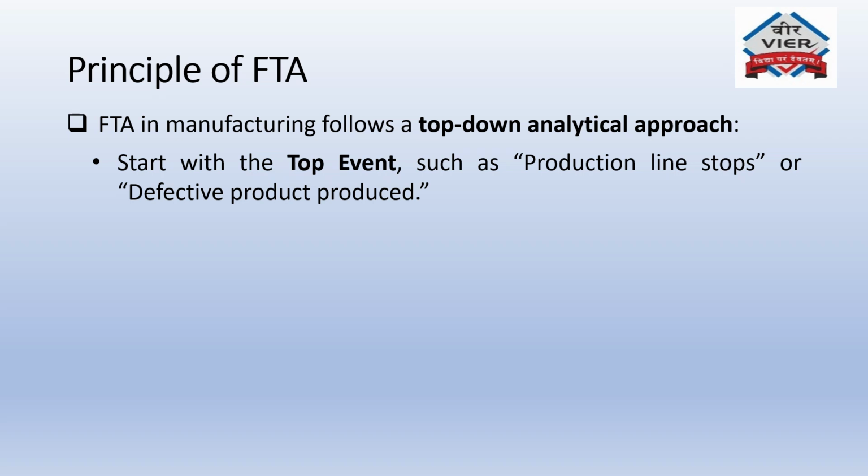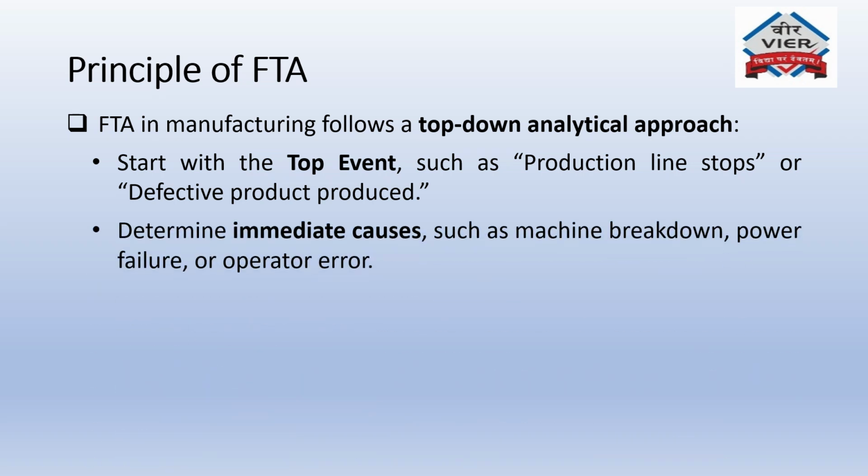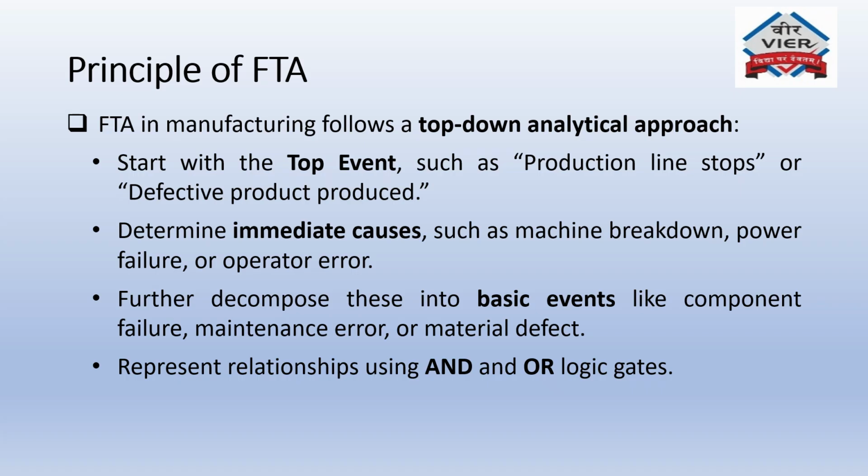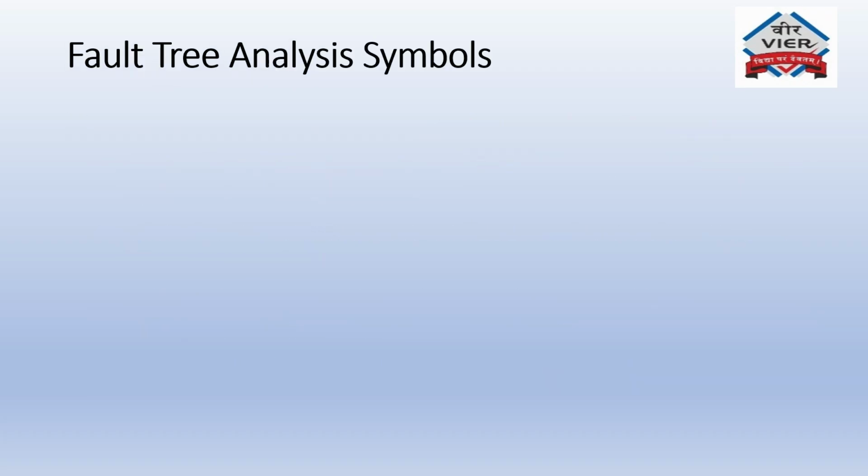These are the problems which are called the top event. Then determine immediate causes such as machine breakdown, power failure or operator error. Then further decompose these into basic events like component failure, maintenance error or material defect. Now represent the relationships using AND or OR logic gates.